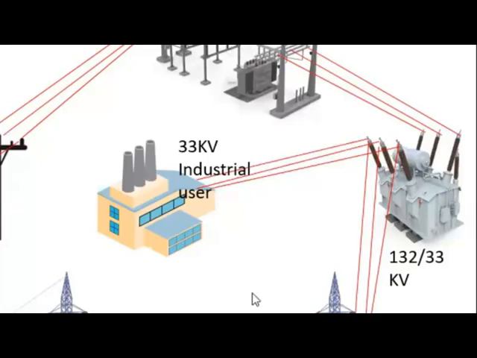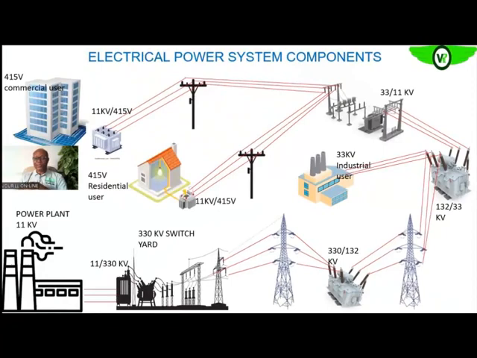In that environment, they may have equipment that uses 33 kV, or they will have their own separate step-down transformer that will take it from 33 to whatever voltage level they may need, maybe 6.6 kV, 11 kV, 3 kV, 2 kV, and of course, lower voltage 415 for their offices and what have you.